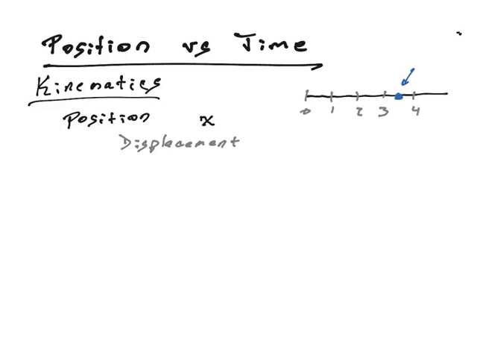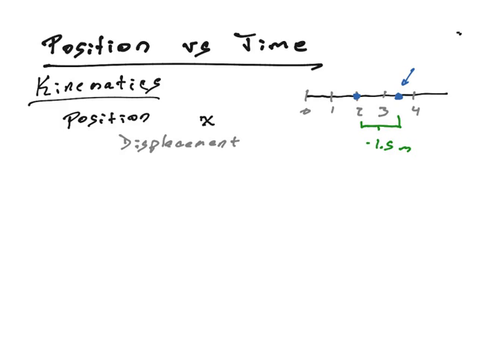It moves, let's say, from here, it moves over to here. Then there's a displacement of negative 1.5 meters. It moves to the left, negative, a distance of 1.5 meters. So displacement is basically talking about how much a position changes.